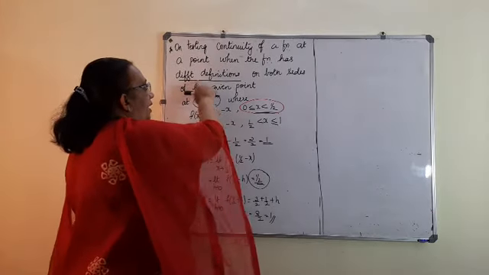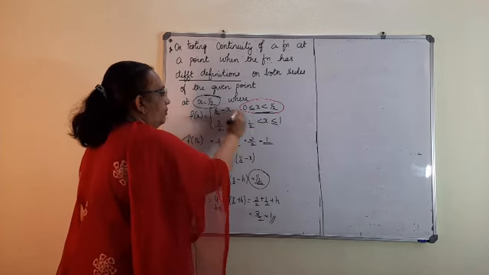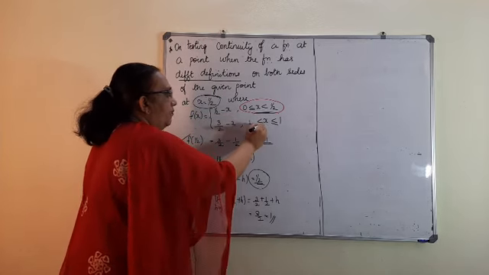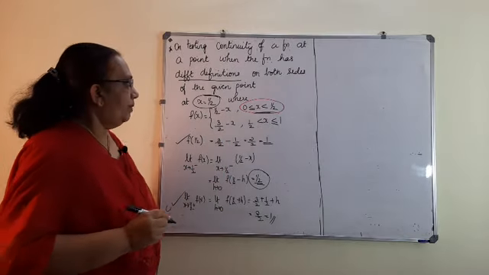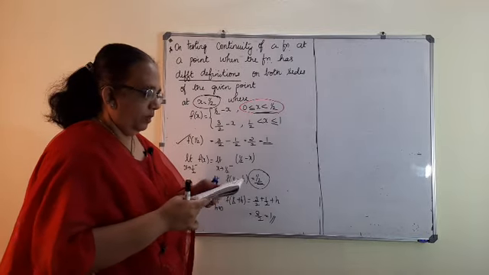So here we have different definitions on both sides. You are checking the continuity at 1 by 2 and you have different definitions: x less than 1 by 2, x greater than 1 by 2. Next one.